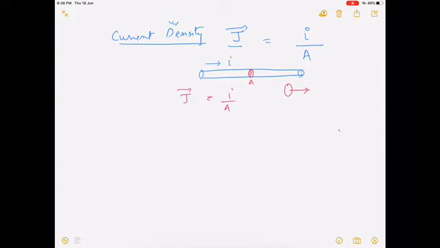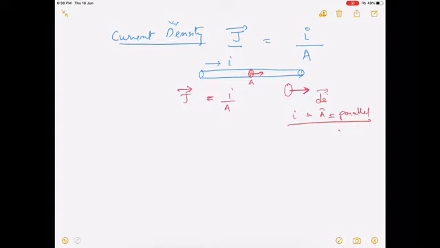Normal means the normal of the area. As in electrostatics, area represents a scalar, but in vector form we take the normal perpendicular to the surface as the area vector. So here also the area vector is the normal to the surface. Here current I and the area vector are parallel to each other.